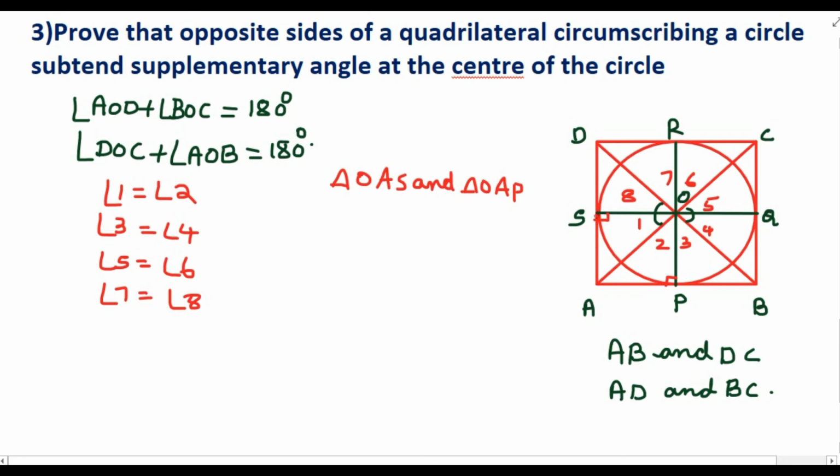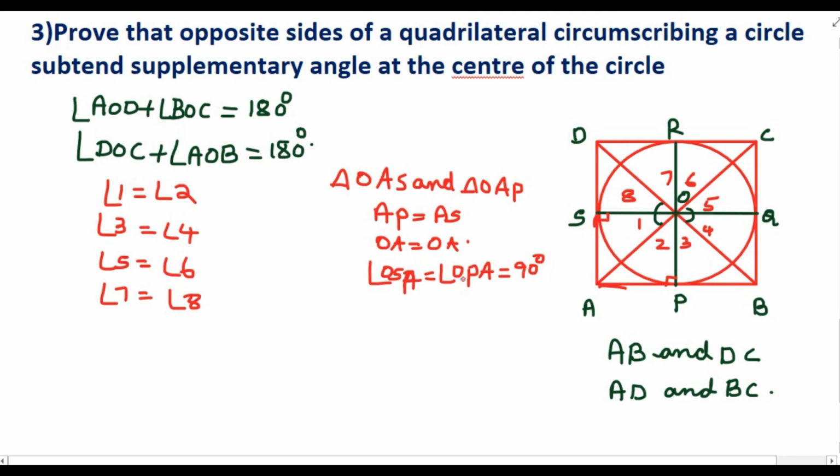Again, the length of the tangent drawn from the external point, that is AP, will be equal to AS. Again, OA is common for both the triangles, and also we know that angle OSA is equal to angle OPA, 90 degrees. By the RHS congruence rule, these two triangles are congruent.